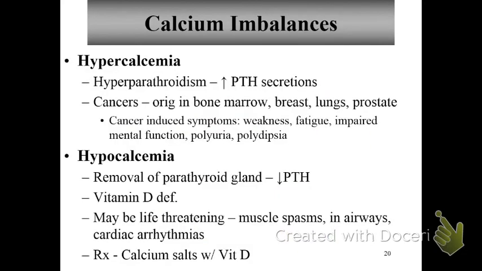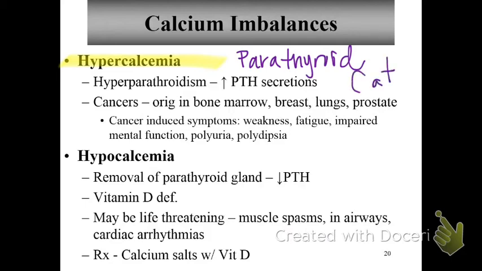Okay, so looking at this slide, hypercalcemia, which I did in the last PowerPoint, is just going to be high concentration of calcium. But it says increased parathyroid hormone secretions. So you want to know that it's the parathyroid hormone that regulates calcium.